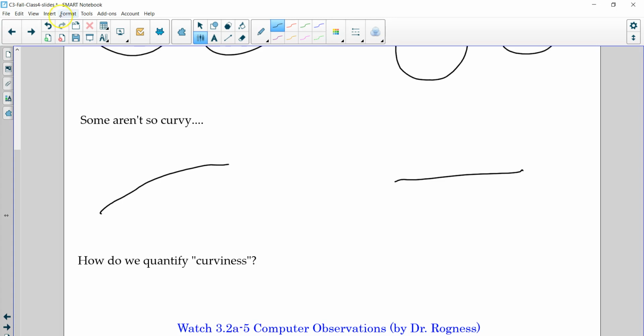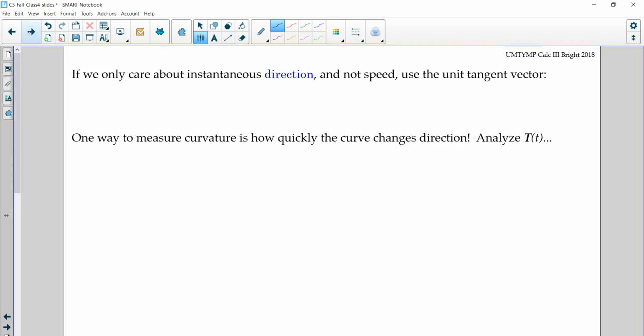All right, so hopefully you had some time to watch that video. When we are talking about curvature, we're talking about how quickly it changes direction, but not necessarily speed. What Dr. Rognes was showing in that video was the unit tangent vector.